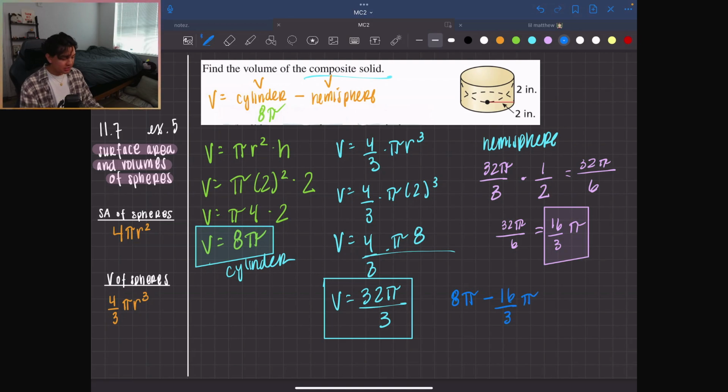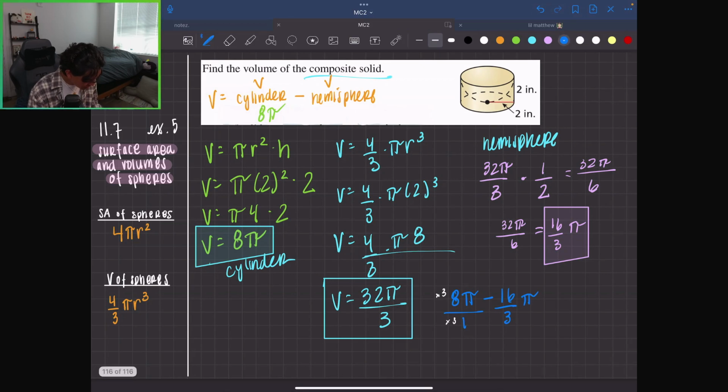We can combine these, but not yet, because if we want to subtract these values, we need to make sure that the denominators are the same. So let's convert 8 pi over 1 into thirds. I'm going to multiply by 3, both top and bottom, so that we have a common denominator.